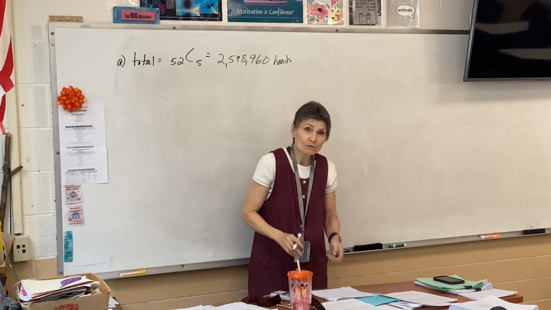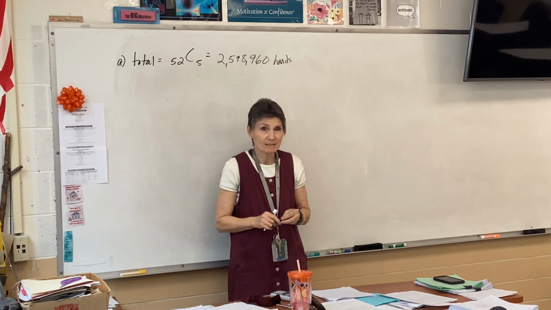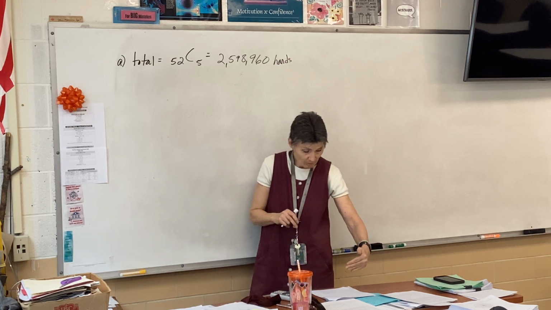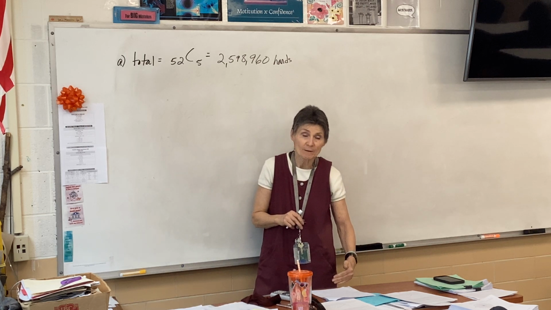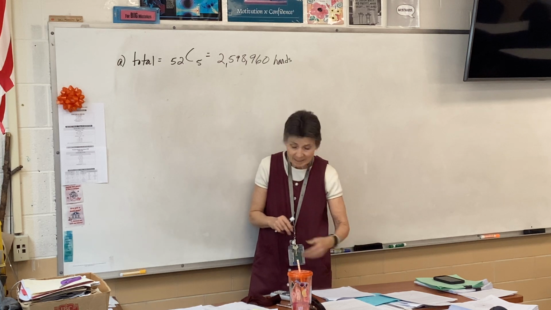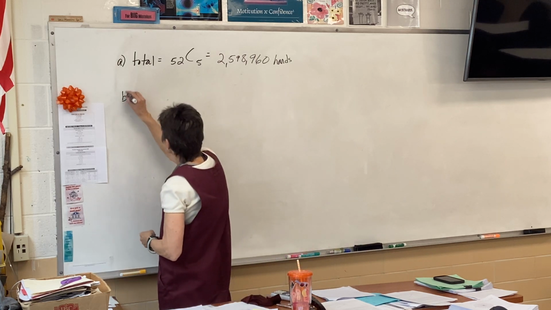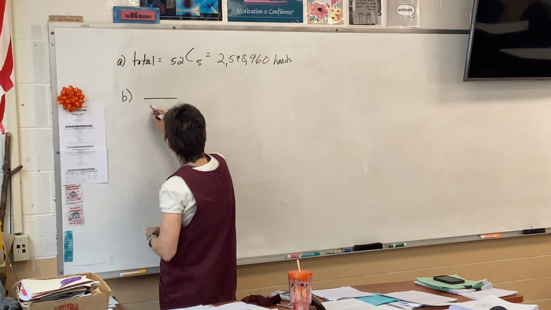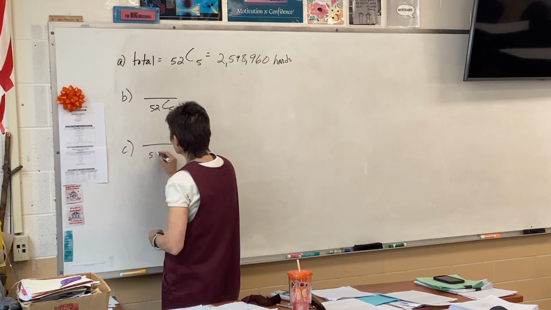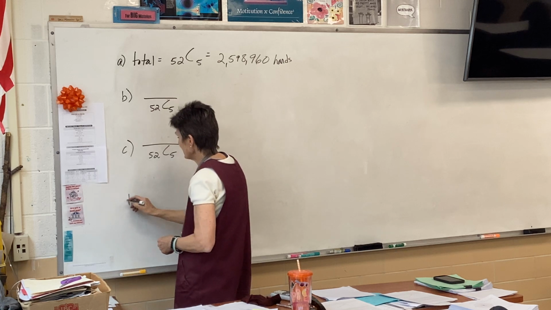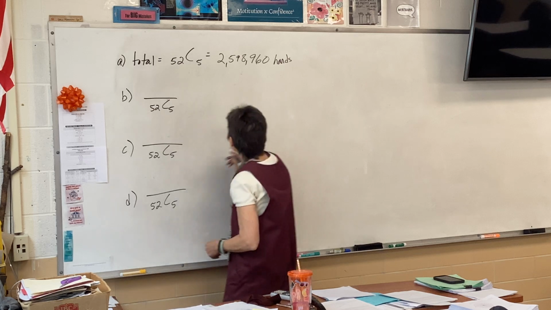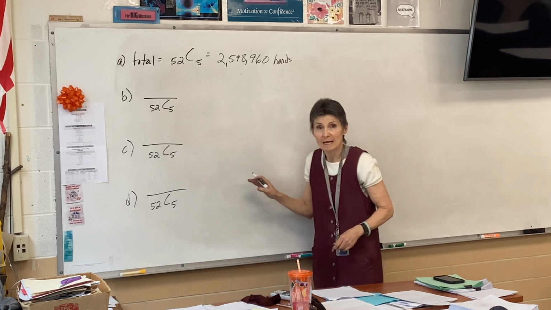So as we are doing our probability problems, notice that every single one of the questions on this page has to do with that 5-card hand. So every single one of these will have that as its denominator. Now I am writing 52C5 because it is easier than writing that big number over and over again.